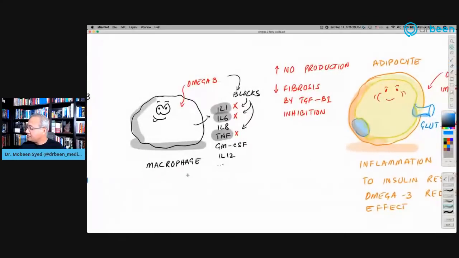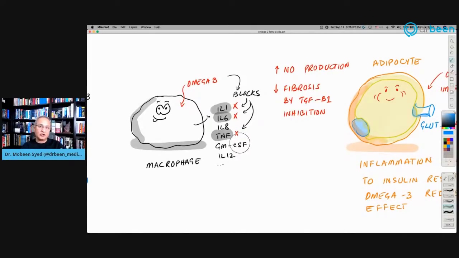Then omega-3s in macrophages and dendritic cells block the production. Again, they would go into the cell's nucleus and reduce the gene expression, and they block the production of interleukin-1, 6, and tumor necrosis factor. And again, we have done immune system discussions so many times.